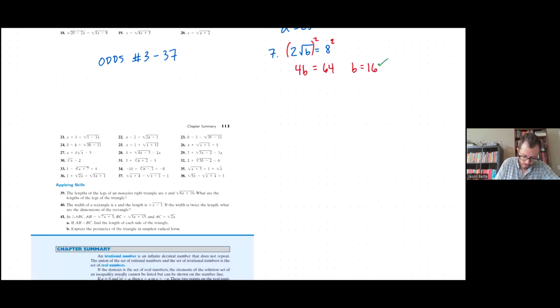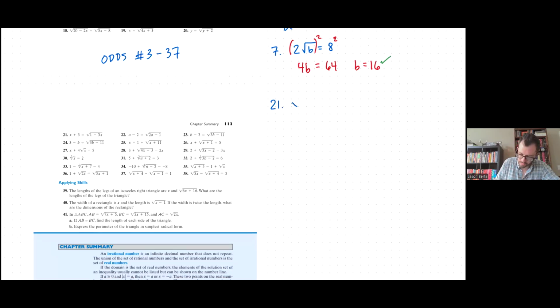So for instance, let's do 21 together. 21: x plus 3 equals the square root of 1 minus 3x. Square both sides. That's going to eliminate the radical on the right, and we'll have to FOIL on the left.